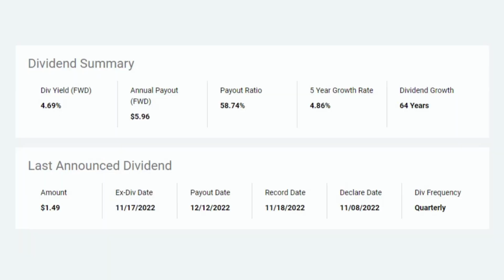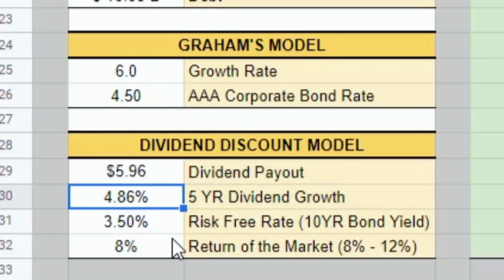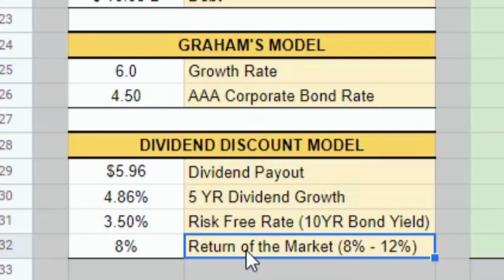Annual payout, $5.96. 5-year growth rate, 4.86%, and dividend growth of 64 years. Risk-free rate, or the 10-year bond yield, is 3.5%. And for return of the market, we're going to choose 8% for the purposes of this video.